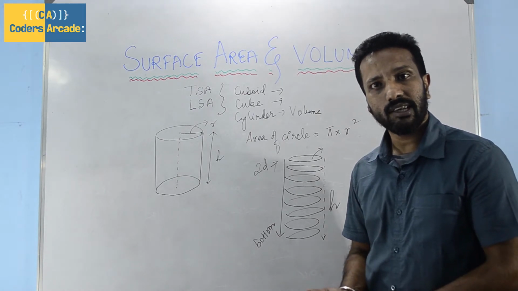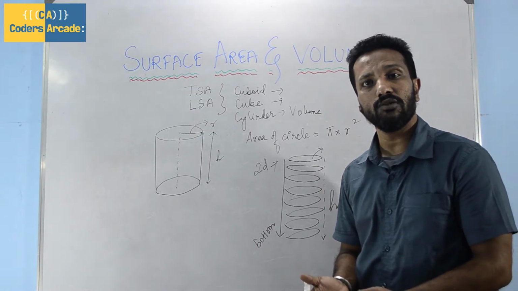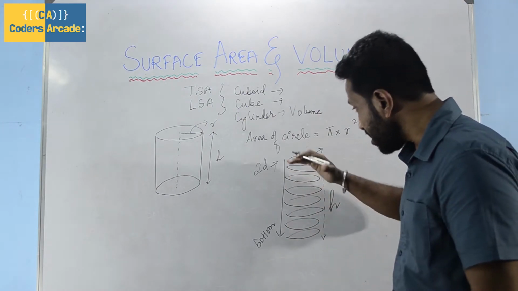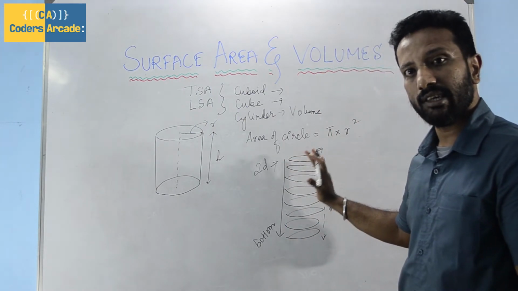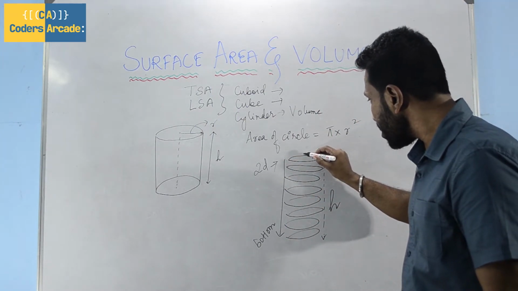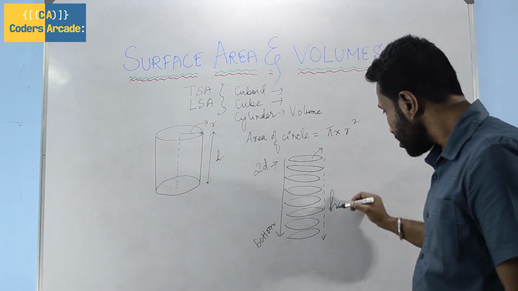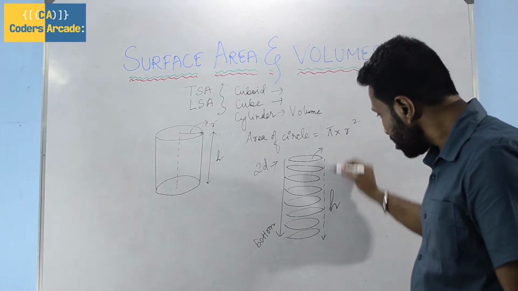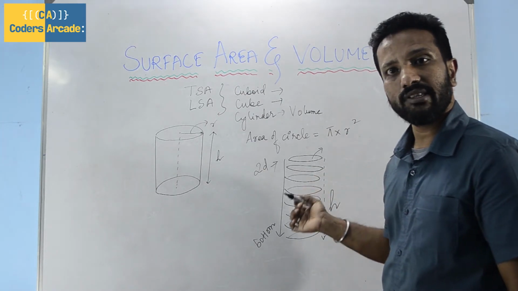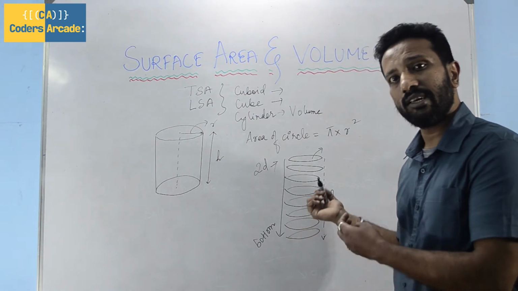That will give us the volume of any shape. In this case, we are dealing with a cylinder. That means the pi r square area of this individual circle multiplied by the height of this cylinder will give us the volume of this particular cylinder.